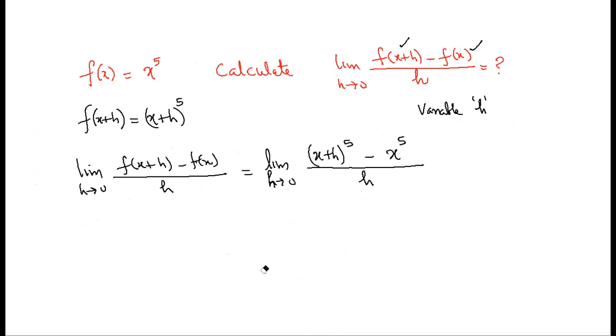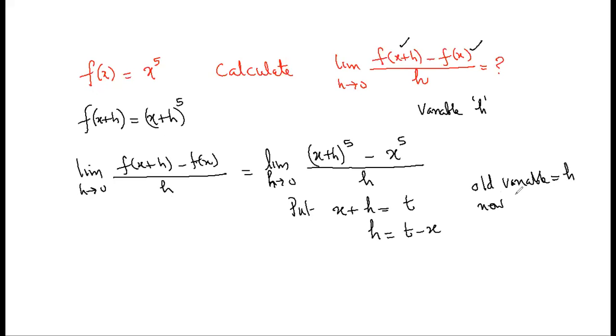What is the substitution? Making such a big bracket into a single letter. So put x plus h is equal to t. Then we have to remove h, so h is t minus x. And the old variable is h.